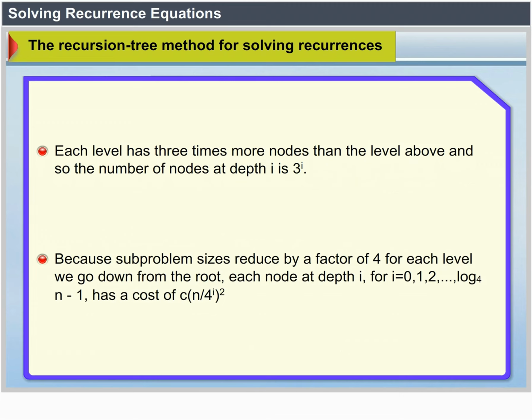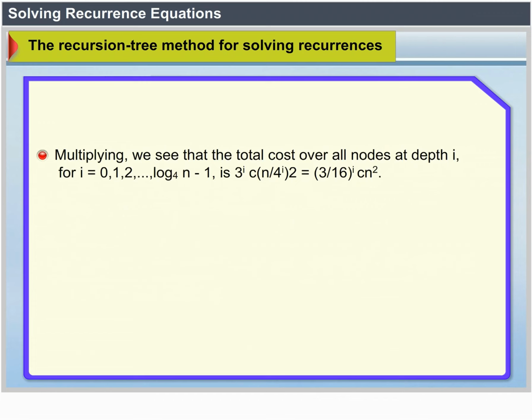Multiplying, we see that the total cost over all nodes at depth i, for i = 0, 1, up to log₄ n − 1, is 3^i · c(n/4^i)² = (3/16)^i cn².